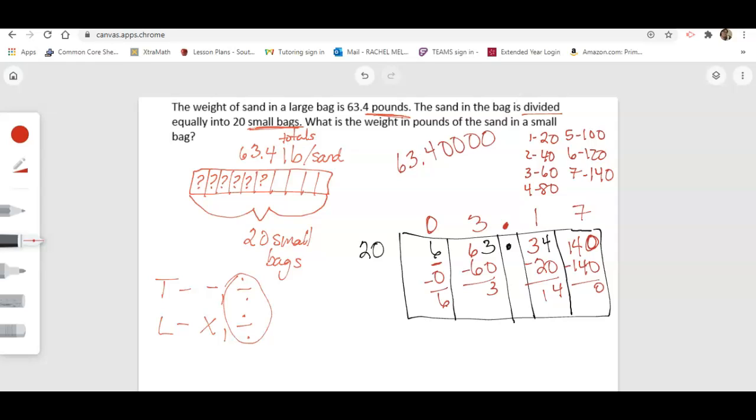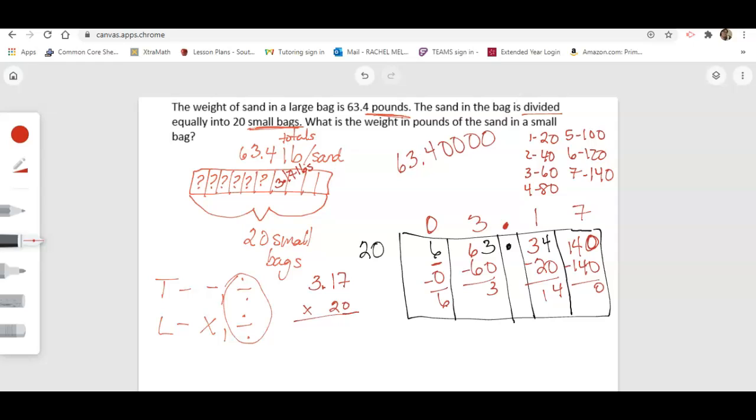So I'm saying that each of these spots is 3 17/100 pounds. I can prove that by taking my quotient, which is 3 17/100, and multiplying by our divisor, which was 20.